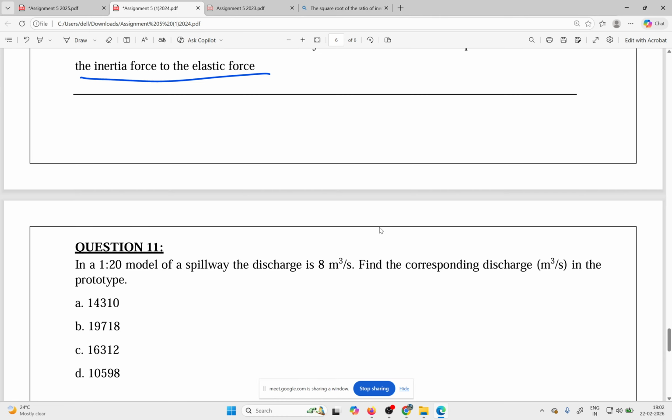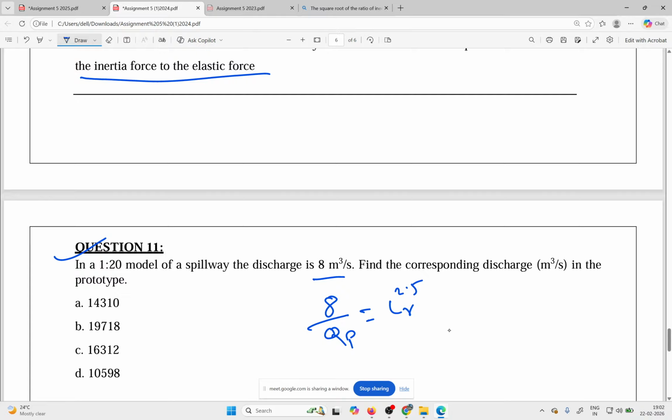I think we'll move on to question number 11. Here is a 1 is to 20 model of a spillway. The discharge is 8 meter cube per second. Find out the discharge in the prototype. Very easy question. Qm is given as 8, Qp you need to calculate, and LR is 2.5.